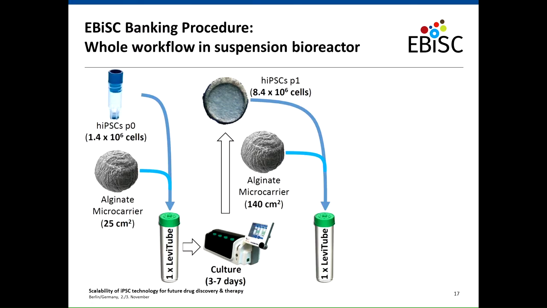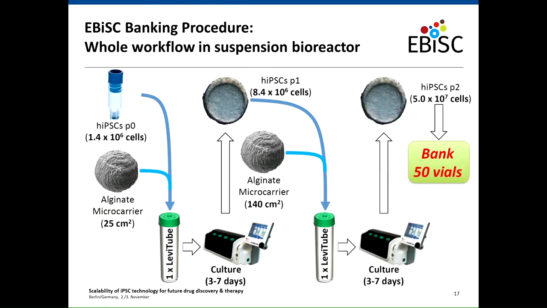We did 1 passage and then split the cells on alginate microcarrier with a cultivation area of 140 square centimeters. Cultivated it again for 3 to 7 days, and then we harvested the cells, and the aim was that we really receive 50 vials and can make the banking of the cells.